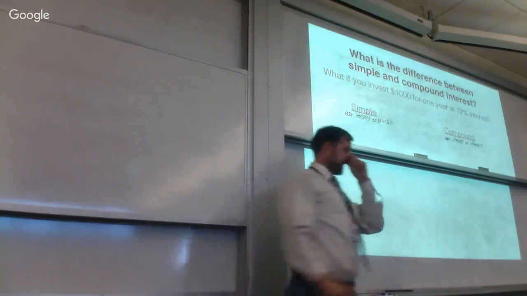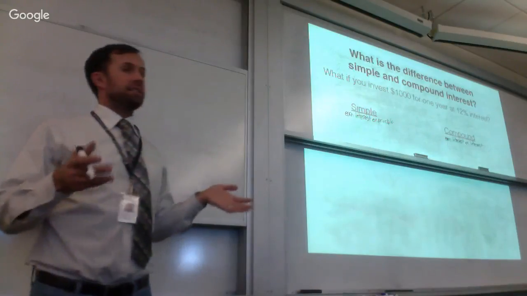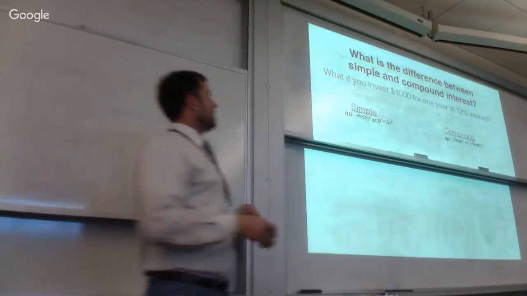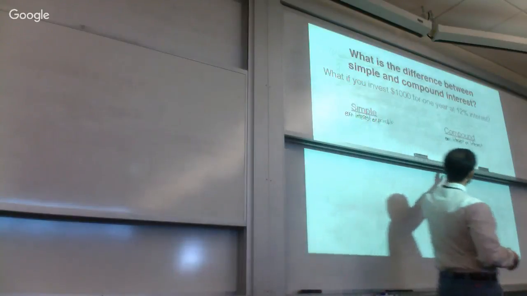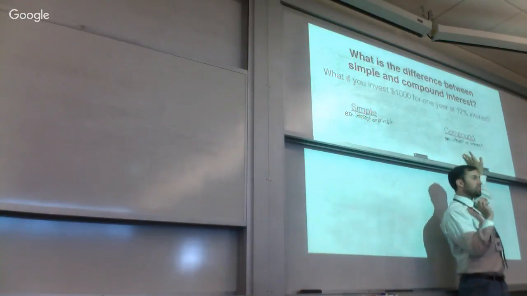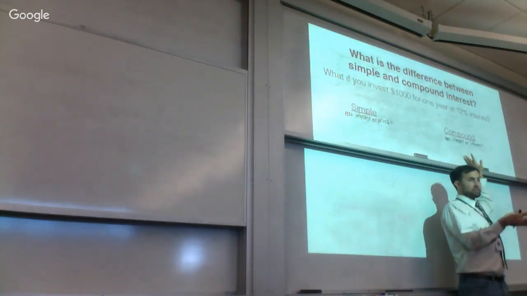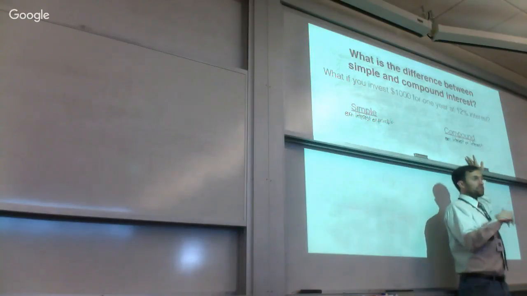So in simple interest, I invest $1,000, and by the end of the year, they've given me interest on $1,000. Whereas with compound interest, you put the $1,000 in, but as the year goes by, they start putting interest into your account. And so now you don't just have $1,000 in the account, you have $1,002. And now you're earning interest on $1,002 instead of just $1,000.